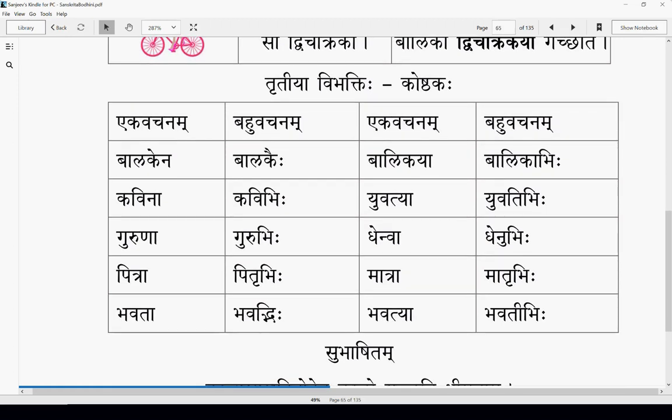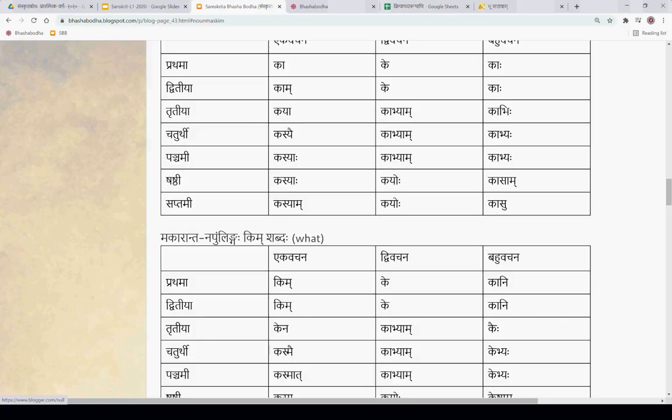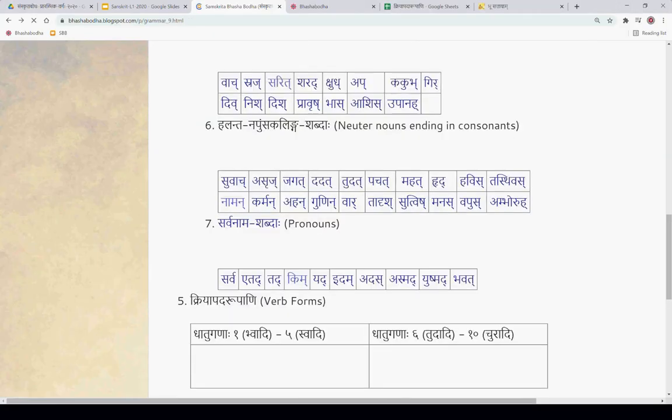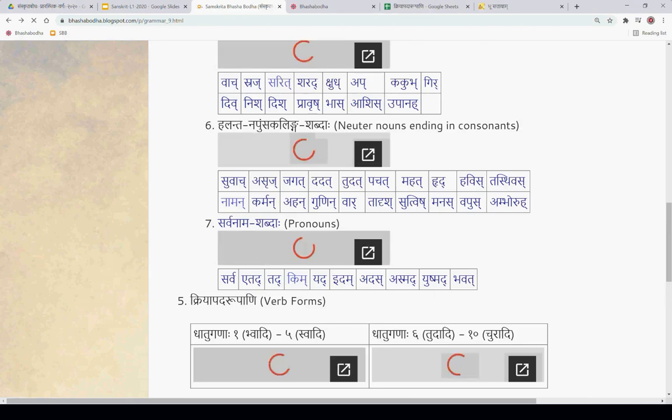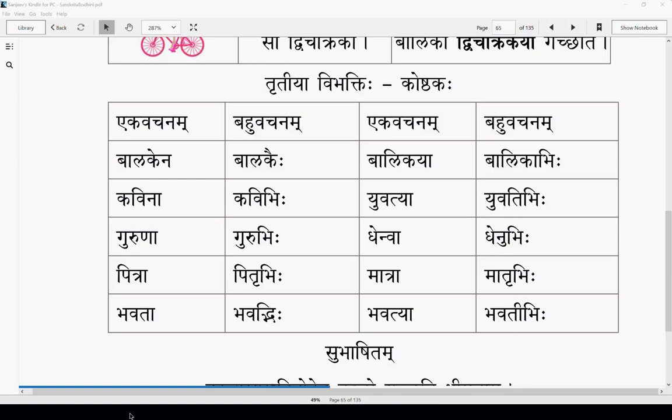Here there is a Kosthaka, where a Bahuvachana form is also given. Of course, you can always refer to the tables, but here in the book also simple Bahuvachana forms of Tritiya vibhakti are given: Balakena, Balakaihi. So if it is Chamasena, what is the Bahuvachana of Chamasena? Chamasaihi.